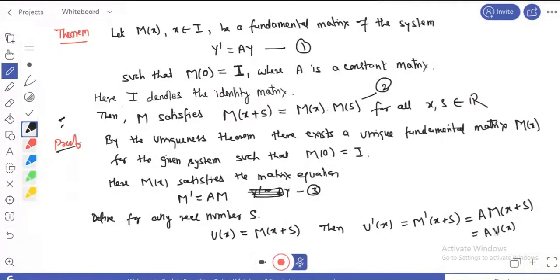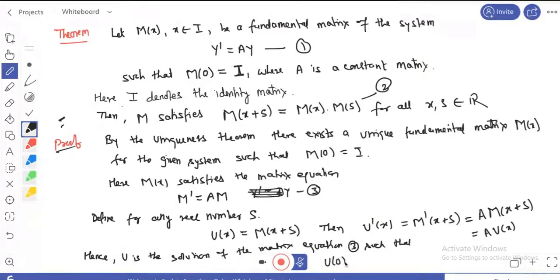Okay, so hence u is the solution of the matrix equation 3, such that, what is the value of u(0)?